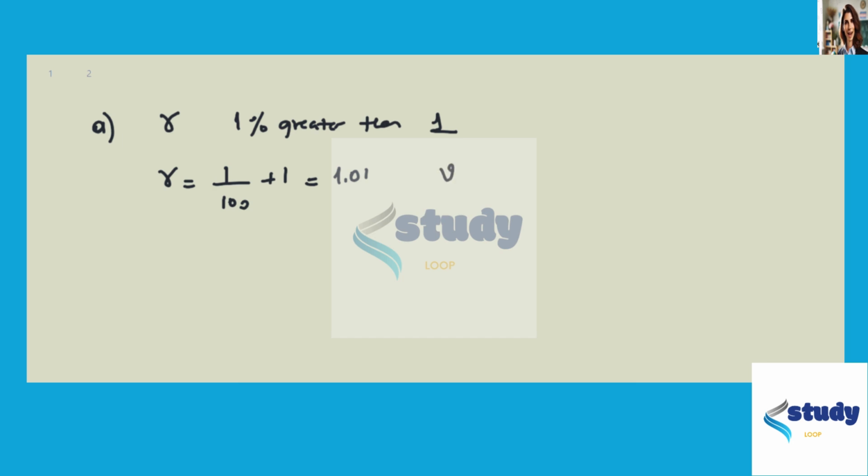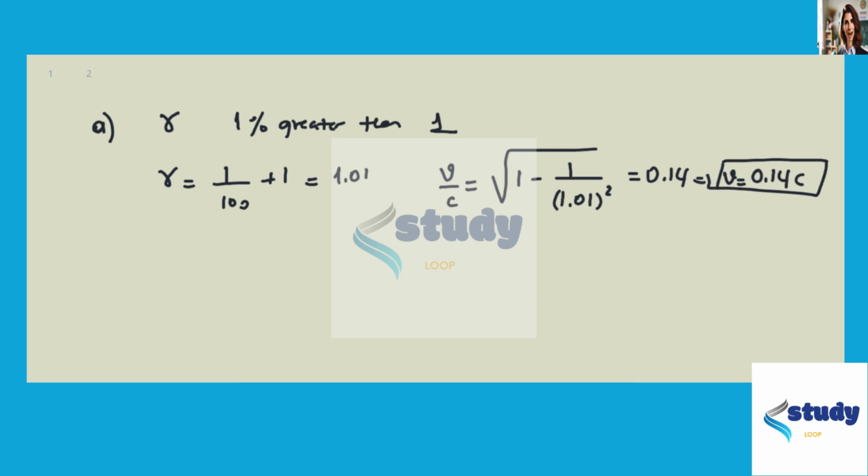If you want to calculate what v is in terms of c, then we can use our equation: square root of 1 minus 1 over 1.01 squared. And then if you do that, you're going to find the answer to part A to be 0.14, which means v equals 0.14 c. This is the answer to part A.